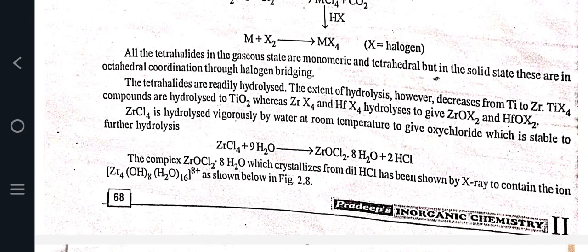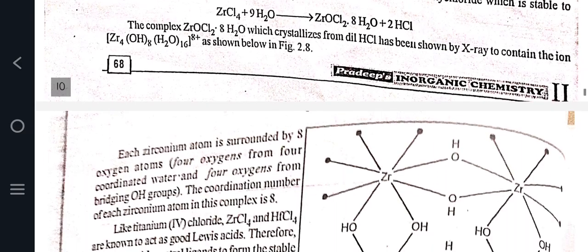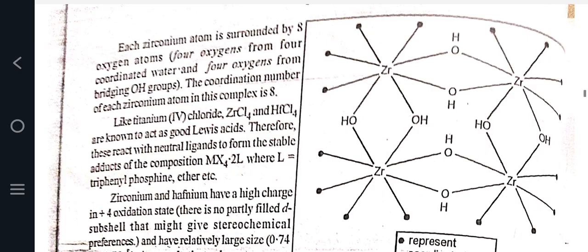The complex ZrOCl2·8H2O, which crystallizes from dilute HCl, has been shown by X-ray to contain the ion as shown below in figure 2.8. Each zirconium atom is surrounded by 8 oxygen atoms, 4 oxygens from 4 coordinated water and 4 oxygens from bridging OH groups. The coordination number of each zirconium ion in the complex is 8.